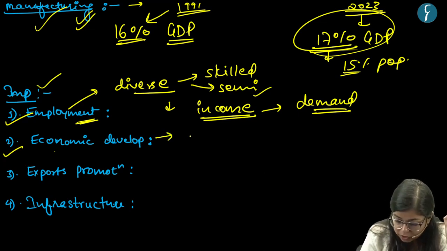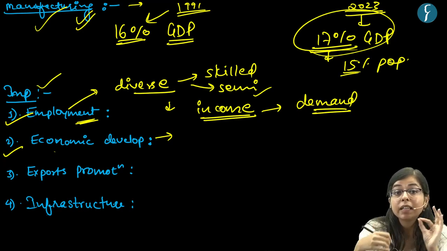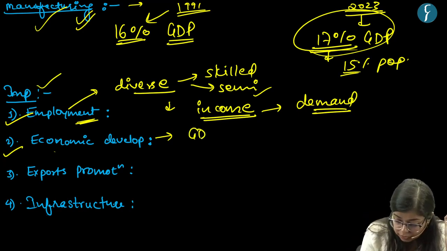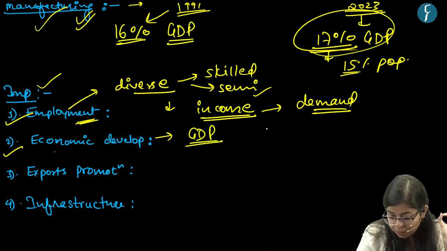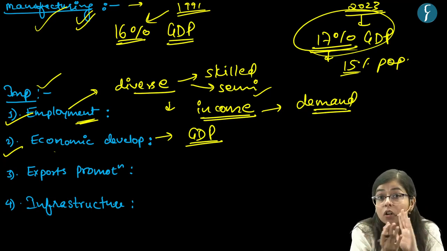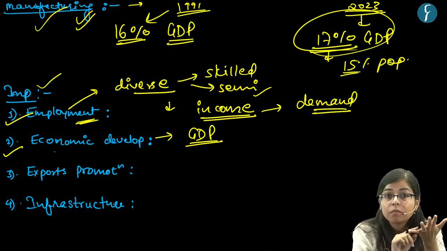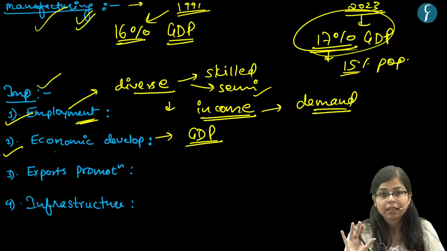And because of increased demand, there would be increased production, which would lead to an increase in GDP of the country, right? And the other thing is that a rise in the manufacturing sector would also lead to a rise in the agricultural sector as well as the services sector through its forward linkages and backward linkages, right?